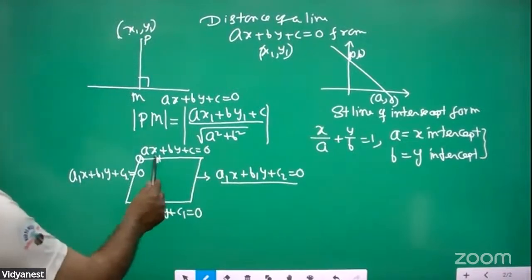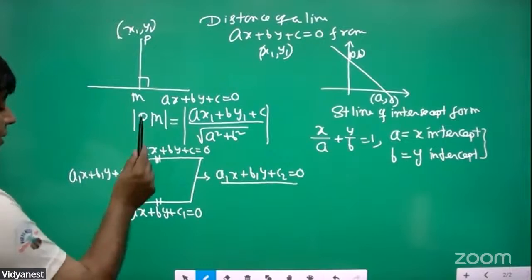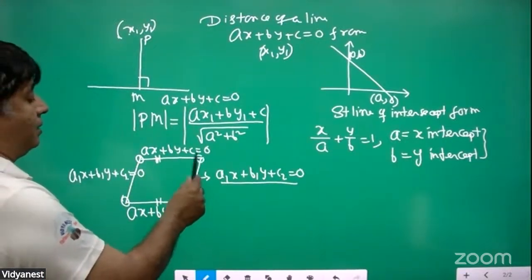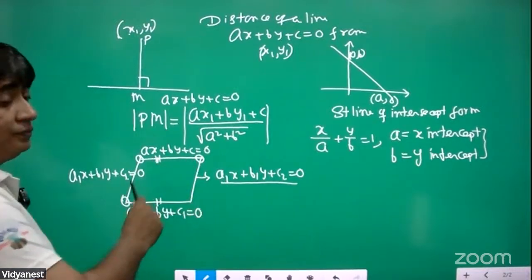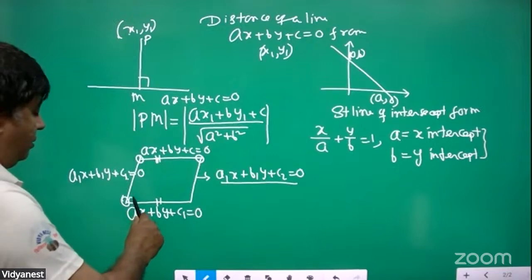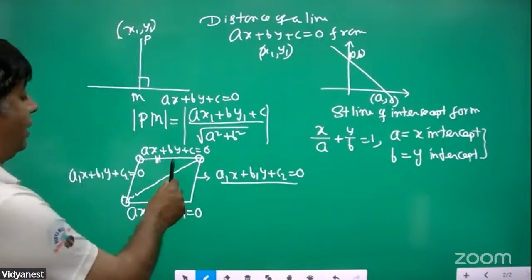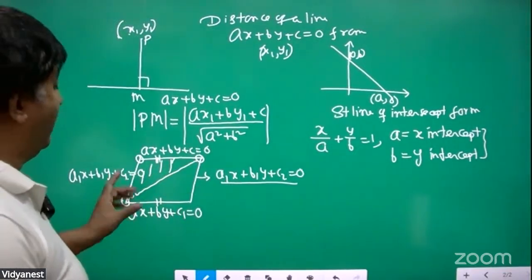Then we will solve these two equations and get another point. Then the diagonal will be joined, and you will get the area of this triangle by getting 3 points.